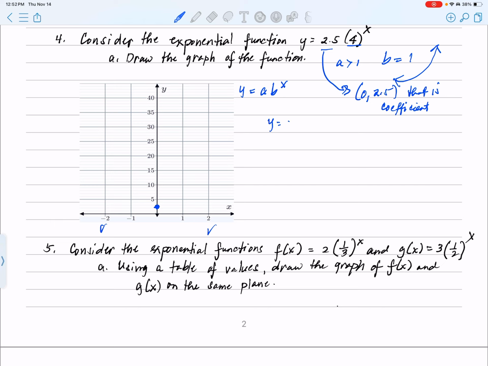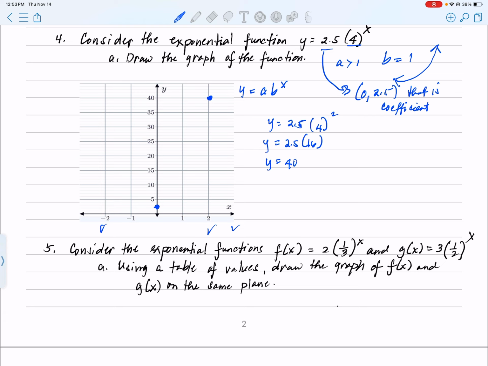I'm going to use these points on the domain: 2.5 times 4 to the power of 2. So what do you have? 2.5 times 16. The y value would be 40. So when x is 2, y is 40. So I can see now where my graph goes.